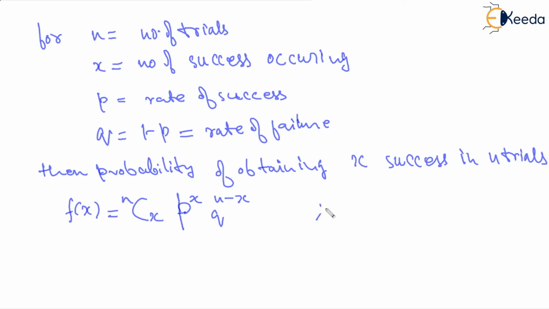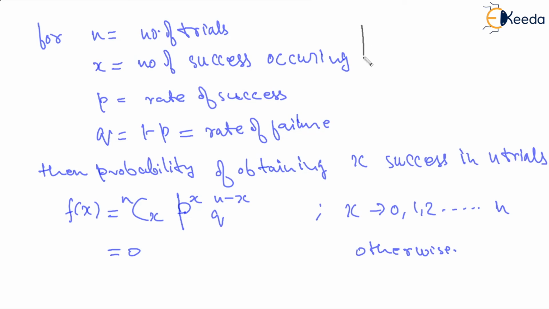This x is going to take values like 0, 1, 2 up to n, not more than n, and equal to 0 otherwise. So this is the density given as nCx, rate of success to the power x, and rate of failure to the power of n minus x.